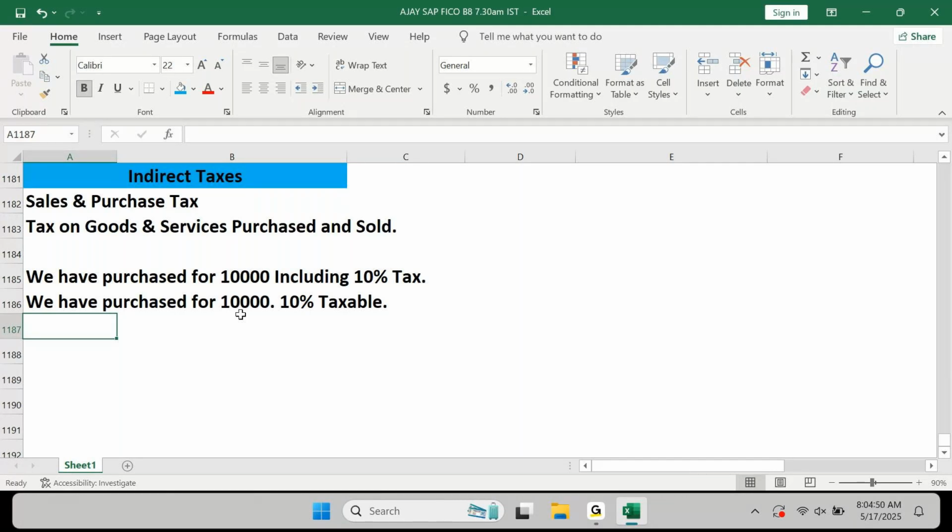Both are possible. Sometimes whatever rate they tell you, whatever bill you receive, is the same value. If somebody tells you 10,000, you will receive an invoice for 10,000. Whereas sometimes when somebody tells you 10,000, at checkout it is 10,000 plus 10% tax, so it becomes 11,000. Anybody noticed? When you go to cart and checkout, you will see the amount increasing.